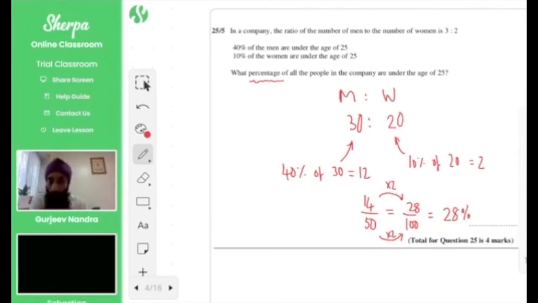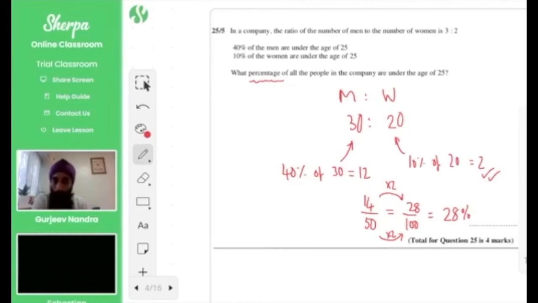Now the marks on this, because there are quite a few different ways of doing this question, are not as easily identifiable. But you get 1 mark for identifying either 40% of 30 or 10% of 20. You get 2 marks for identifying both of them correctly.